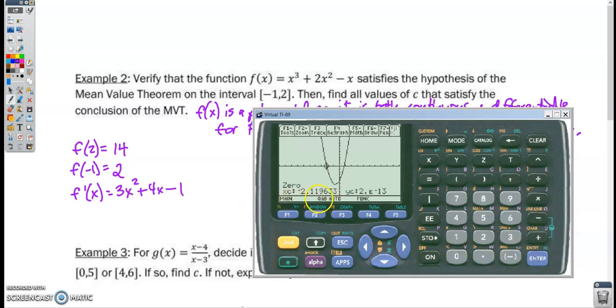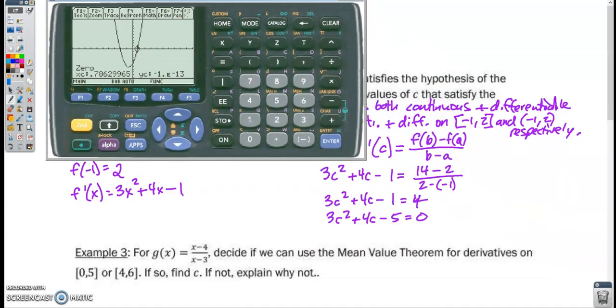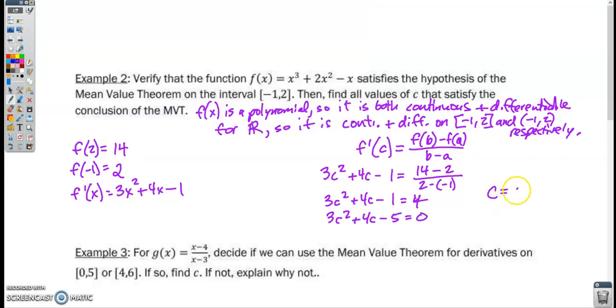That's not in the interval from -1 to 2, and therefore we're not interested in that one. Let's find the other one. Lower bound, upper bound. All right, and we get as our zero 0.786. So c is equal to 0.786 is the only value of c that satisfies the conclusion of the mean value theorem on that interval.